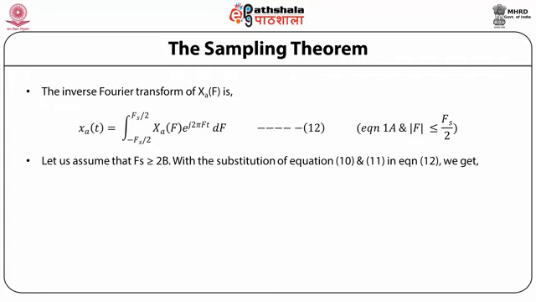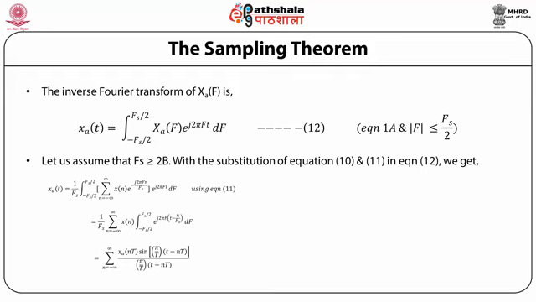With the substitution of the above equations 10 and 11 in equation 12, we get xa(t) equal to 1 by fs times the integral from minus fs by 2 to plus fs by 2 of the summation over n equal to minus infinity to infinity of x(n) exponential minus j2 pi Fn by fs multiplied by exponential j2 pi Ft dF.